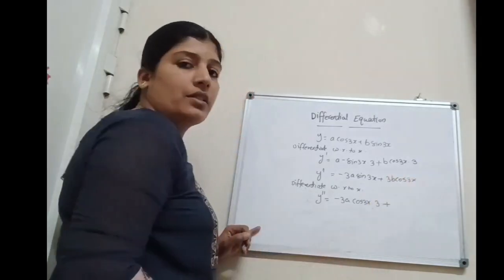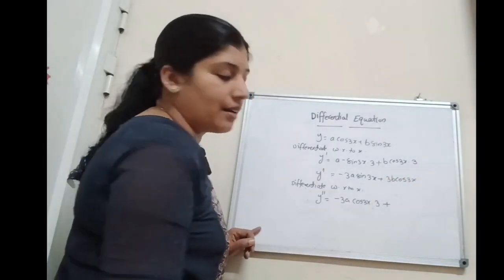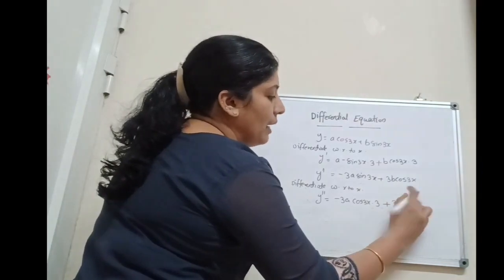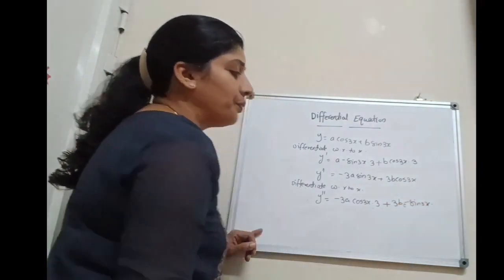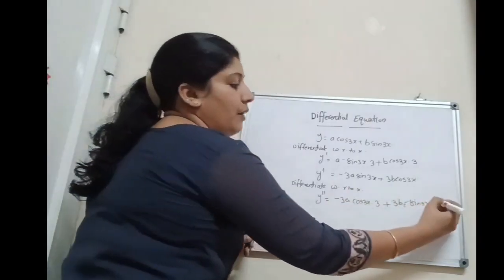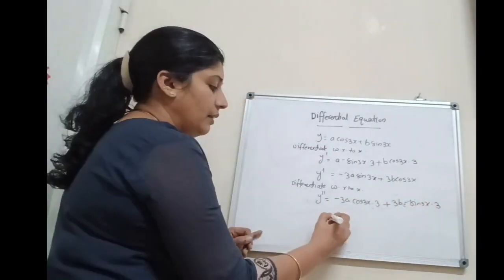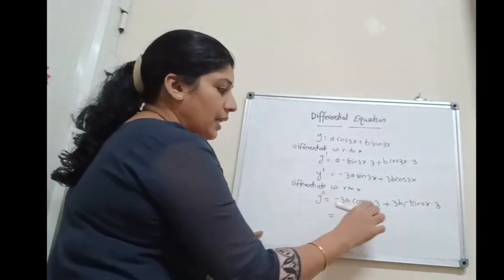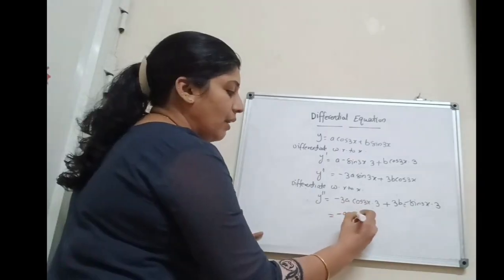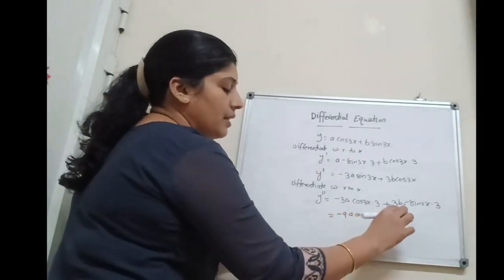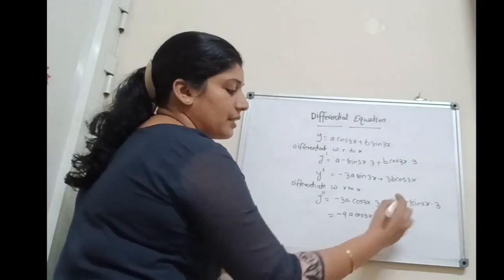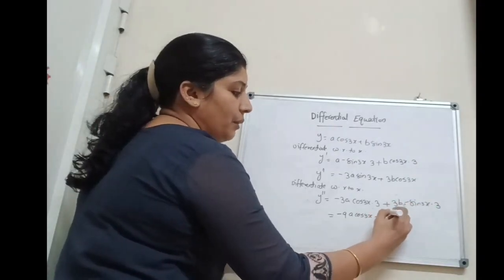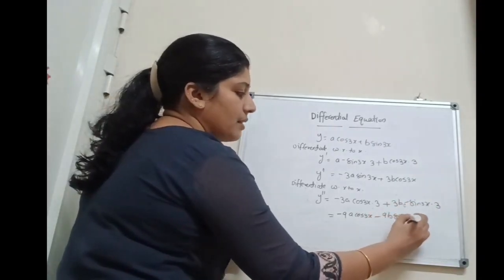D by dx of cos 3x is minus sin 3x, that is 3b into minus sin 3x into the derivative of 3x, that is 3. That is equal to minus 3 into 3, that is minus 9a cos 3x. Next, 3 into 3, then minus sin 3x, that is minus 9b sin 3x.